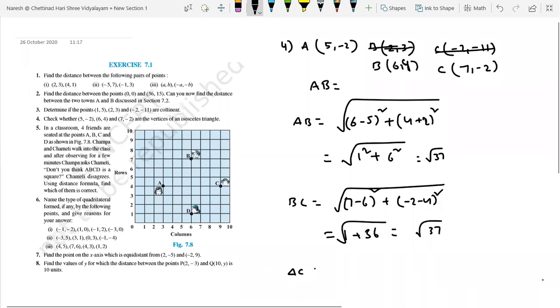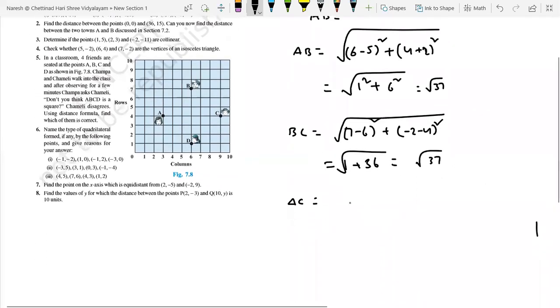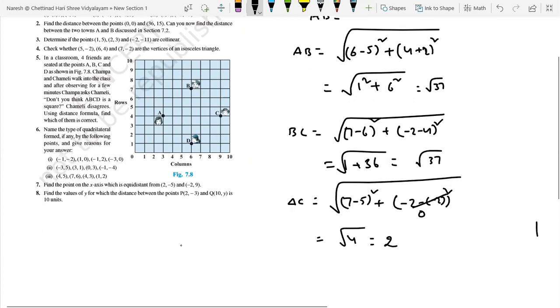When I calculate AC, 7 minus 5 whole square plus minus 2 minus of minus 2 whole square, this will be 0. 7 minus 5 is 2.